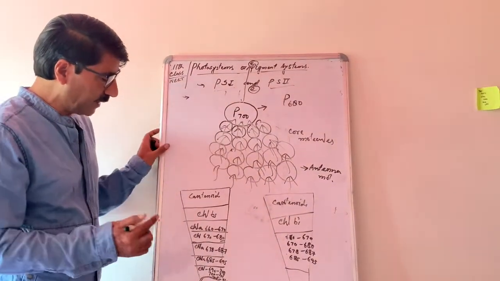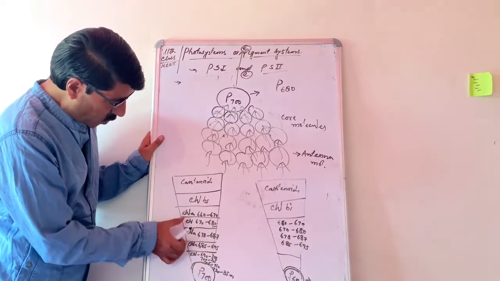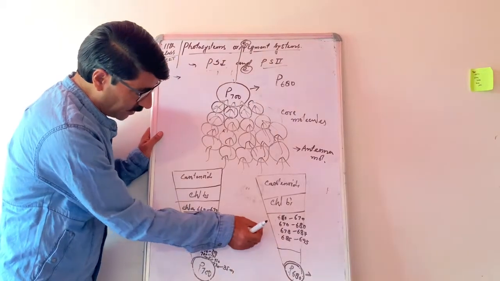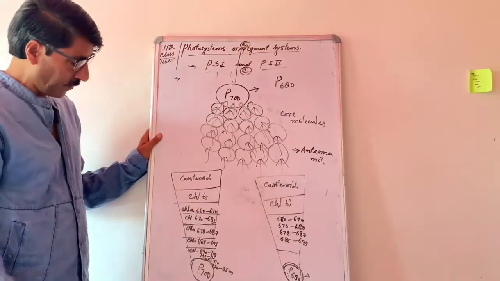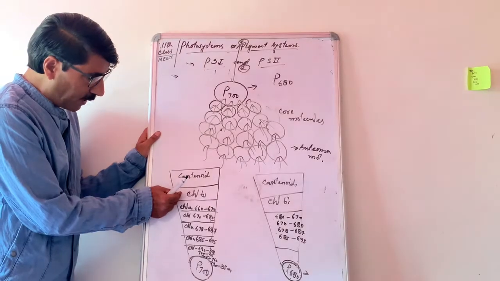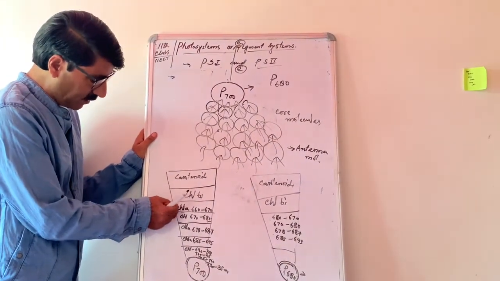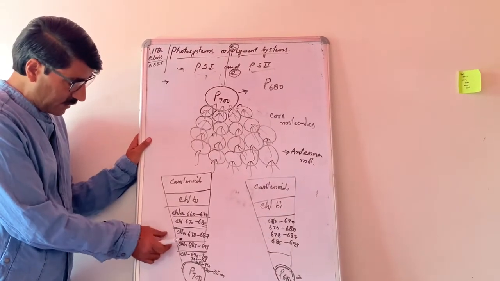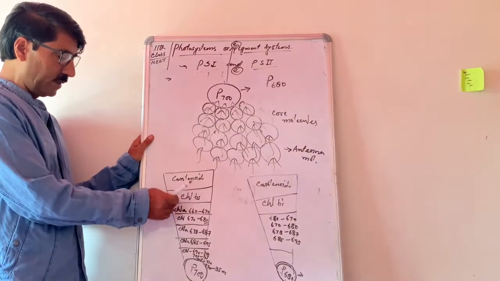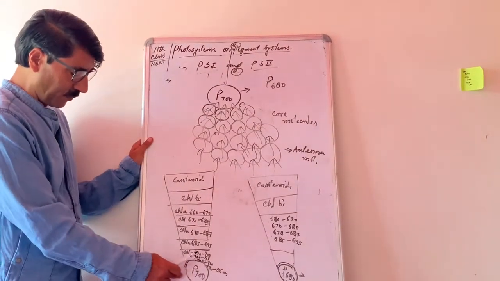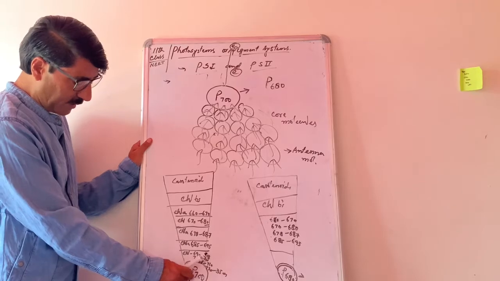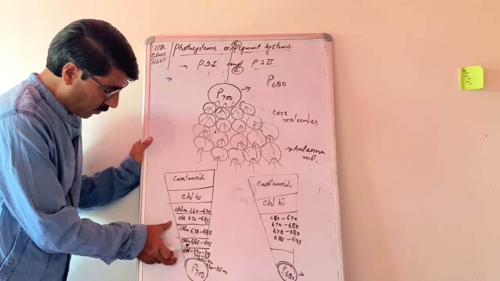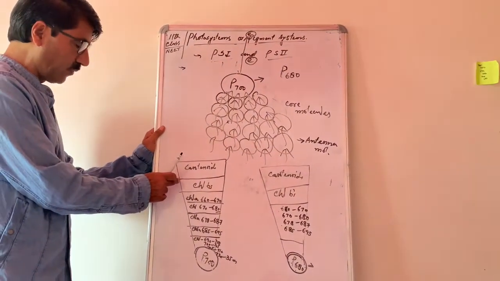तो यहाँ पर अगर हम देखेंगे that we have shown here so many chlorophyll A molecules, and here we have shown a few chlorophyll A molecules, and the chlorophyll B molecules, in this case the amount of chlorophyll B molecules is very less than the chlorophyll A molecules. That means the pigment system 700, this is pigment system first, that is P700, is having more chlorophyll A molecules than chlorophyll B molecules.